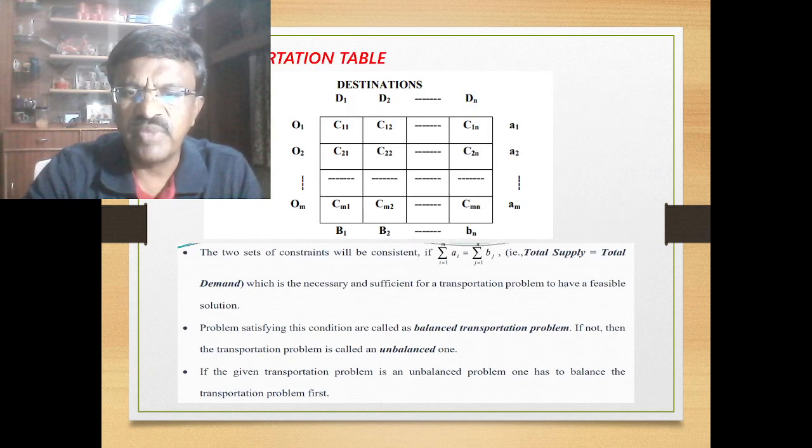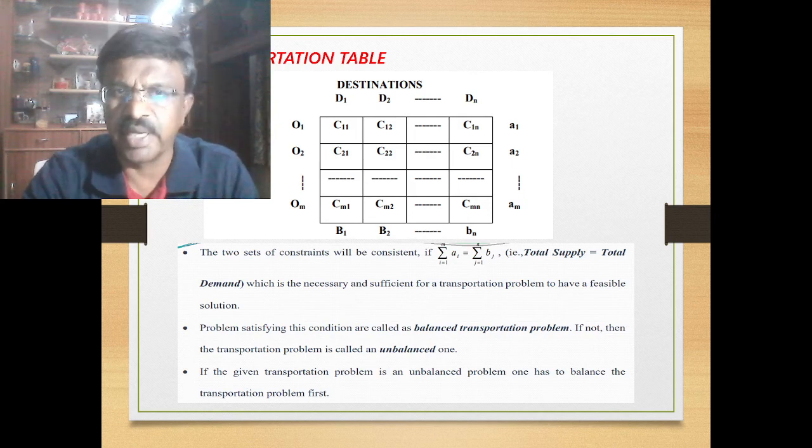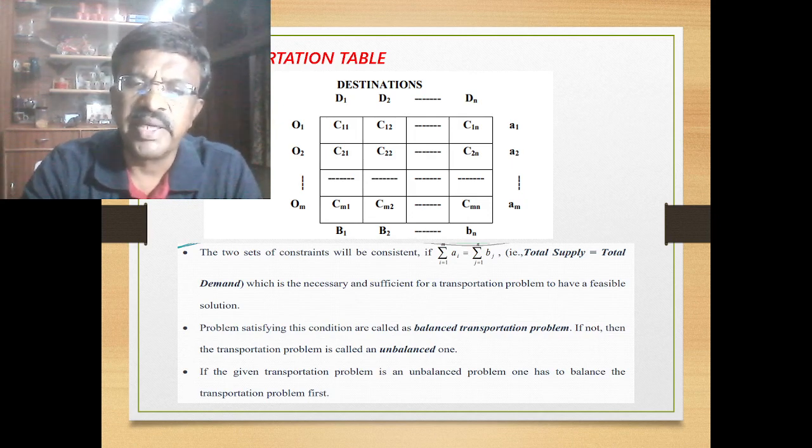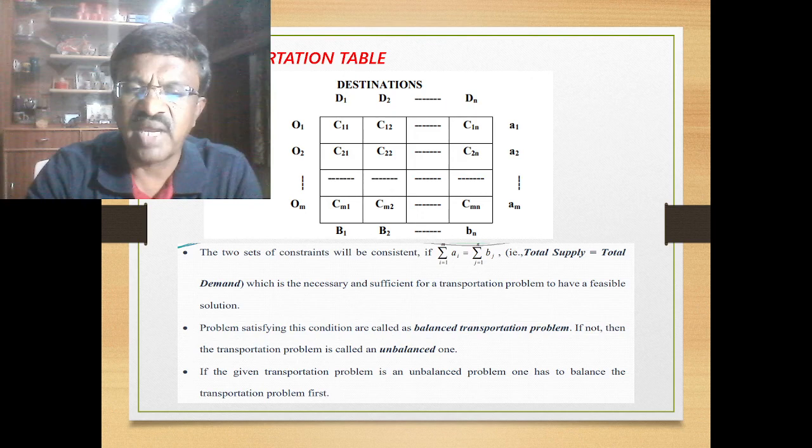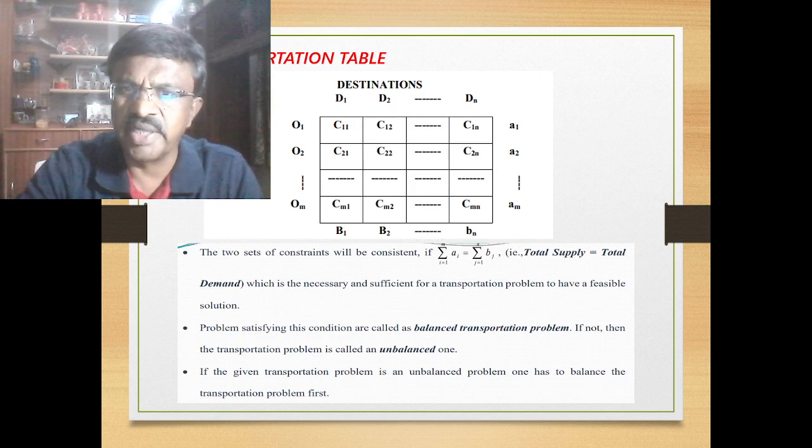But when we do a problem, it will be given as a table. So all the components can be put into a table which is known as transportation table. It is a rectangular matrix having certain rows and certain columns. Rows mention origins and columns denote destinations.